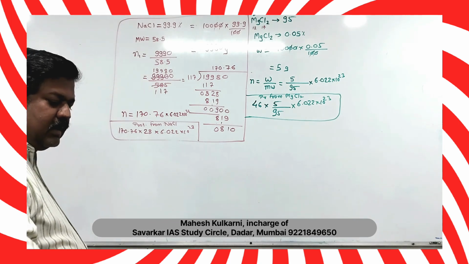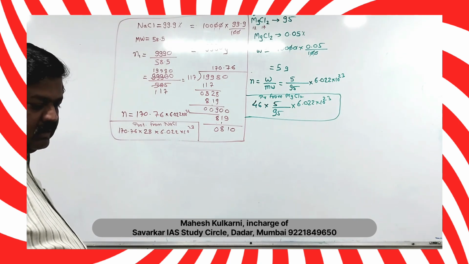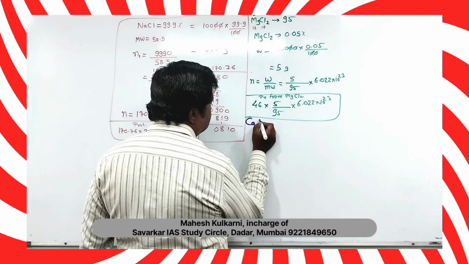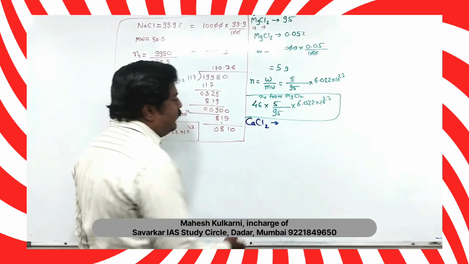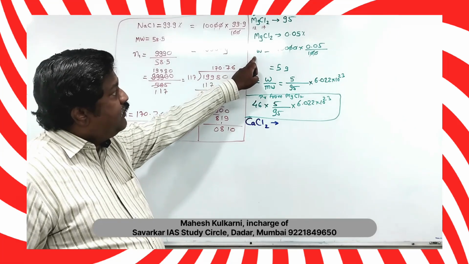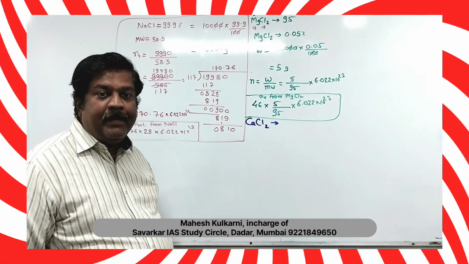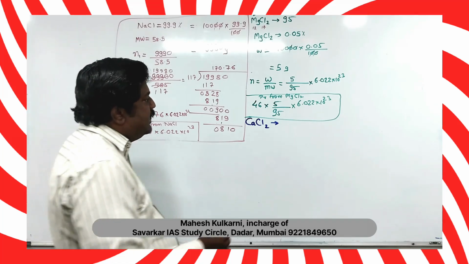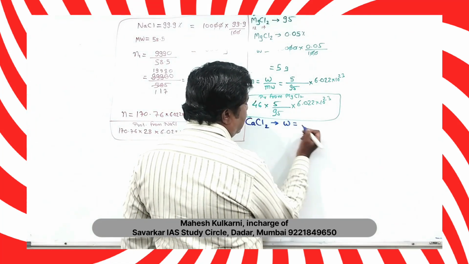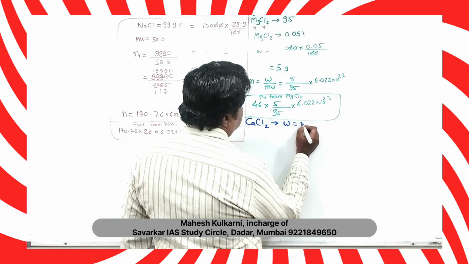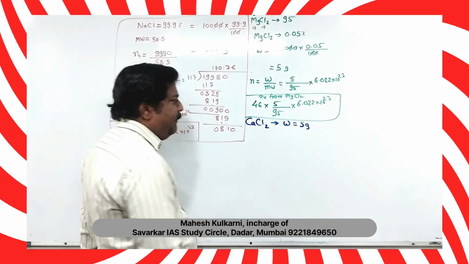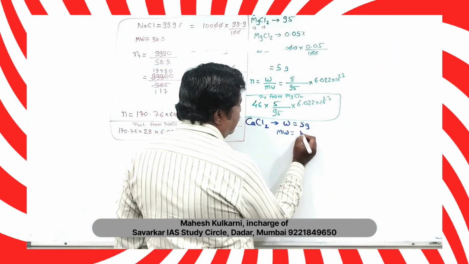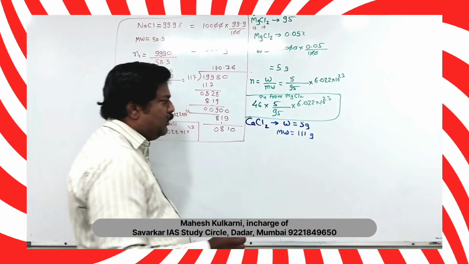Now, the third part I have to check, that is calcium chloride. Obviously, the weight of calcium chloride should be the same because it is 0.05%. So I should not calculate the weight now, it is just 5 gram. Now, the MW of calcium chloride, we are aware it is 111 gram from the previous sum.